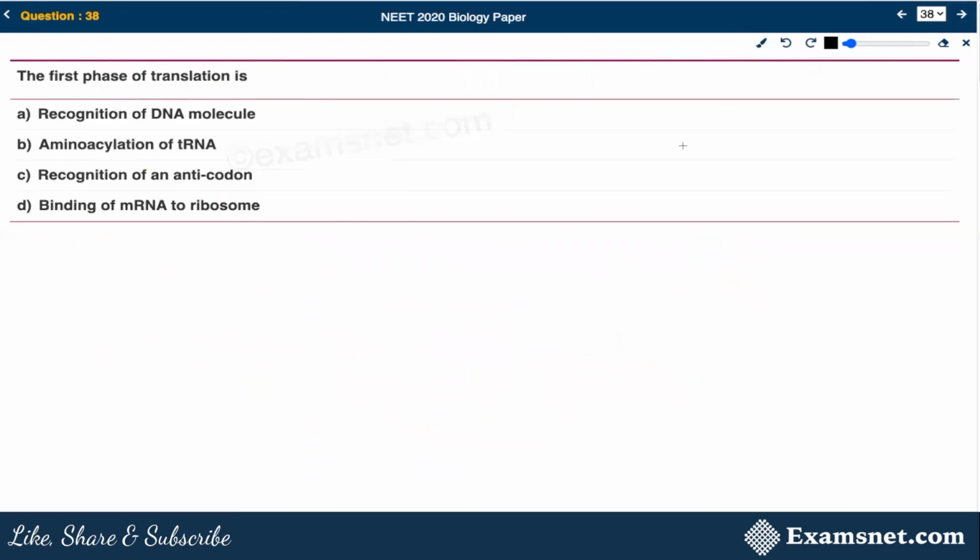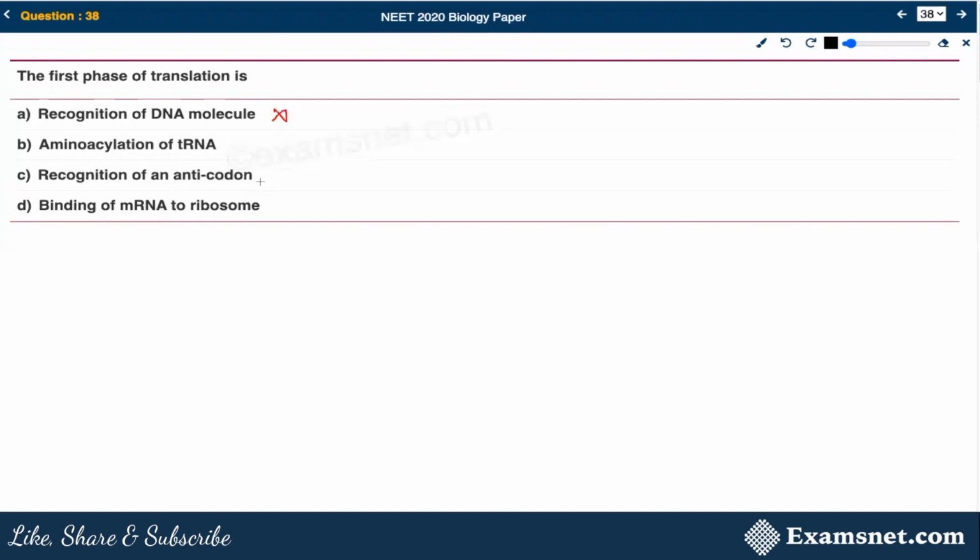38. The first phase of translation it is talking about here. The options given are recognition of DNA molecule, amino acylation of tRNA, recognition of an anticodon, and binding of mRNA to the ribosome. All right. So basically the first phase of translation does not involve the recognition of the DNA molecule.